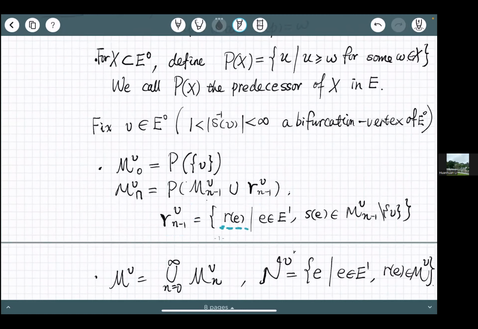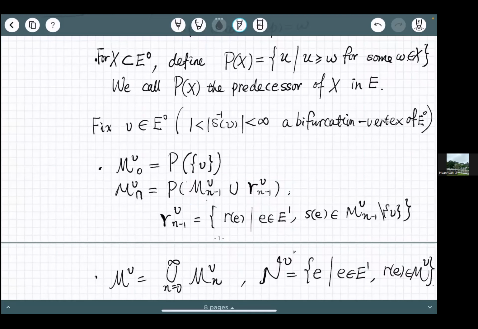This set contains all the ranges of edges which start from M_{n-1}^v but do not start at v. This is R_{n-1}^v. Then we take the union of these two subsets and form the predecessor.